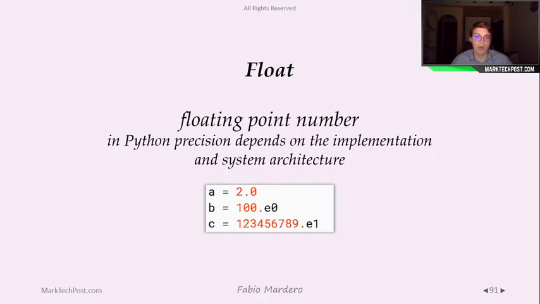Talking about numbers, another data type is the float data type, which is a floating point number. In Python, precision depends usually on the implementation and on the system architecture. Usually the precision is not a problem.